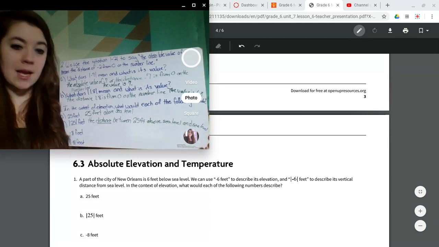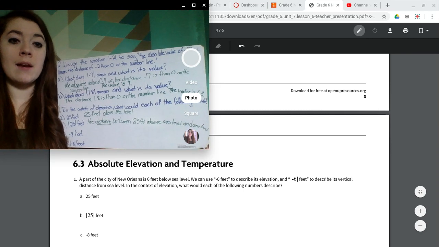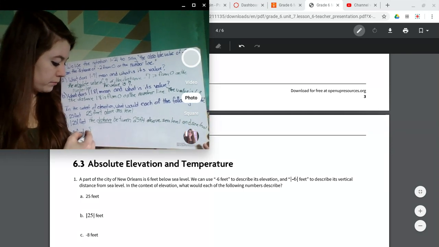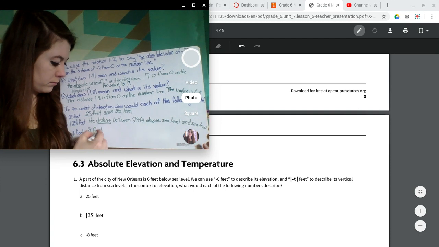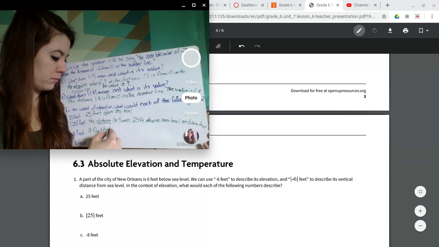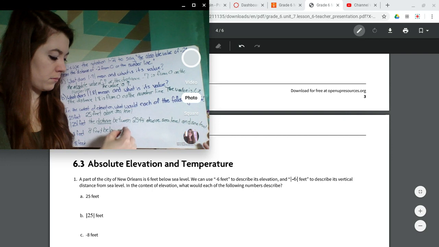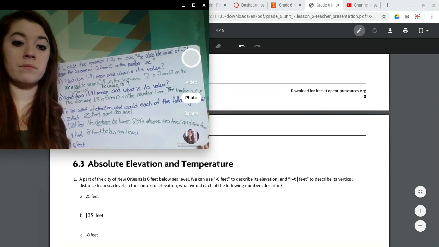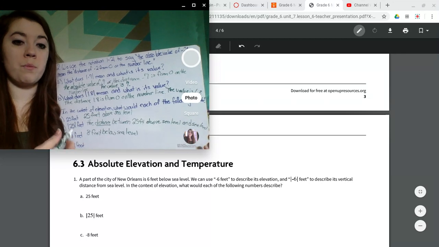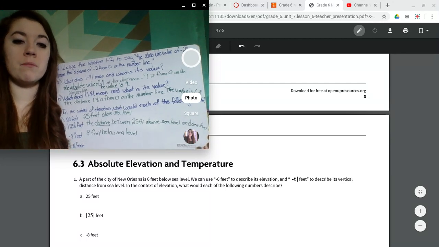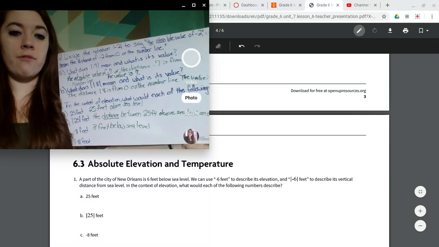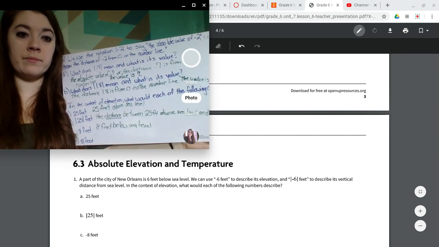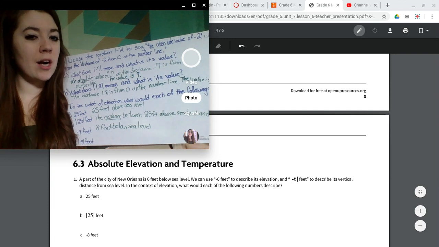All right, for C, -8 feet. What does -8 feet mean? 8 feet below sea level. Excellent. Now D, just like with B, we're doing the absolute value of our value from C. So the absolute value of -8 feet. What does that represent? Just like before, it represents our distance.